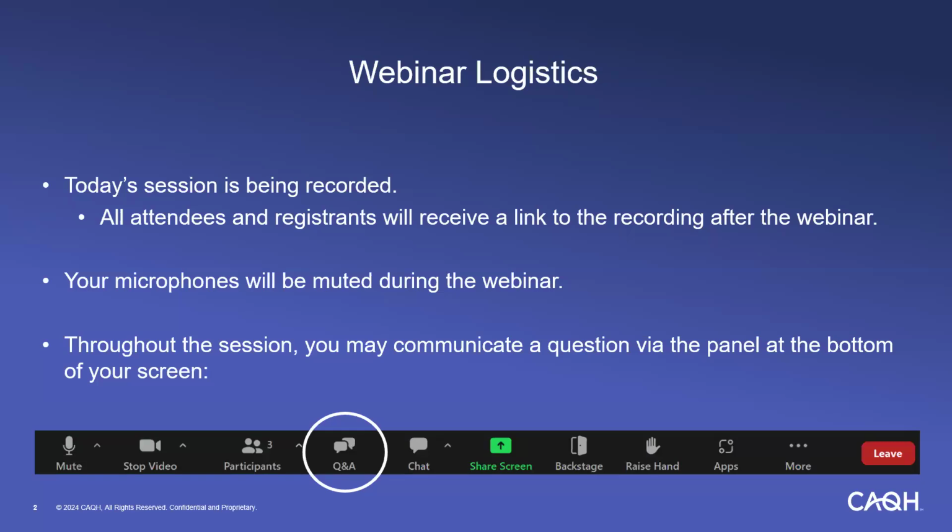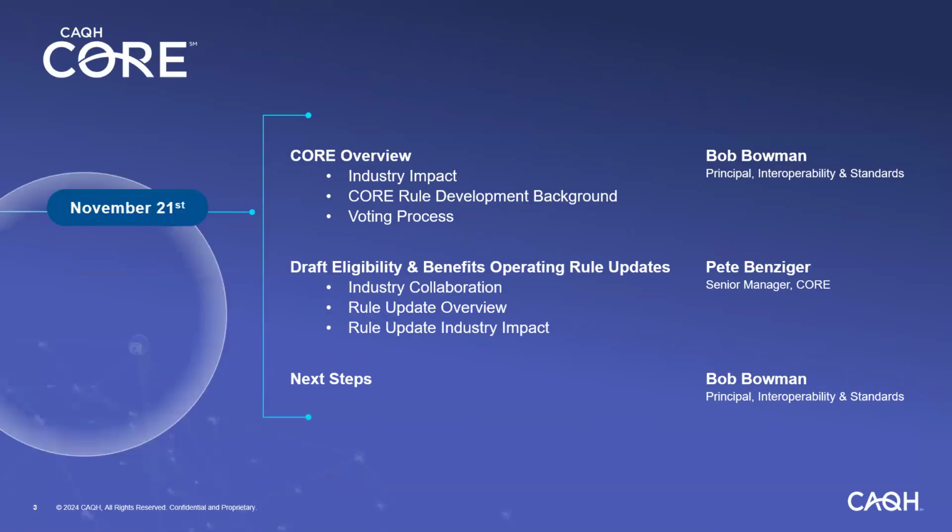On the next slide, we'll see a preview of our agenda for the day. So Bob Bowman, our Principal of Interoperability and Standards, will start by giving us a brief overview of industry impact, some background on rule development and the core process, and then talk a bit about what the voting process looks like. And then Pete Benzinger, our Senior Manager at Core, will be talking about the requirements in that draft eligibility and benefits operating rule.